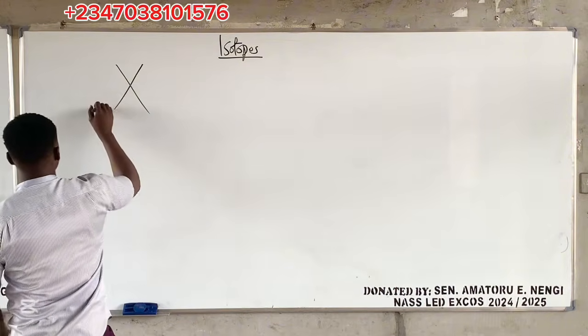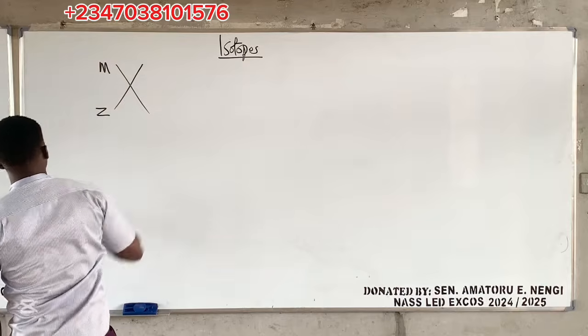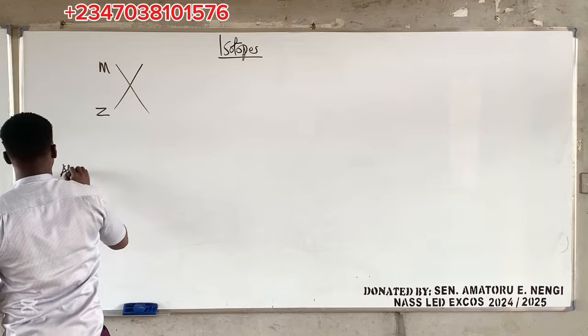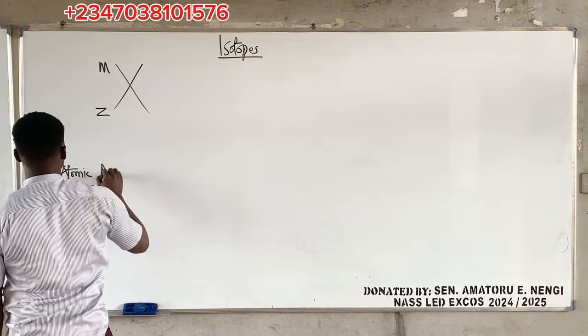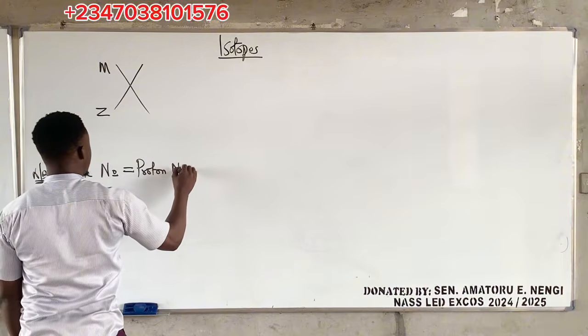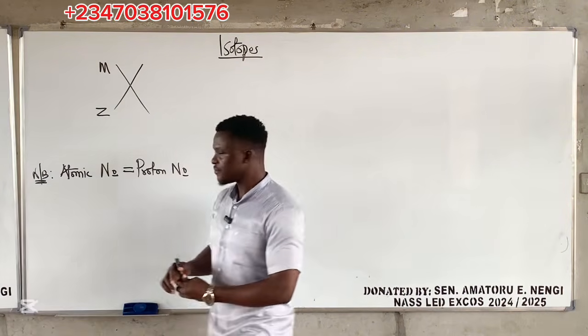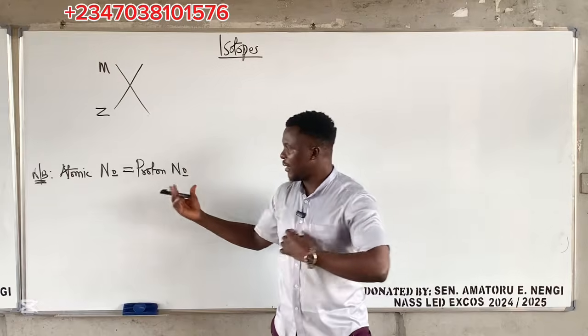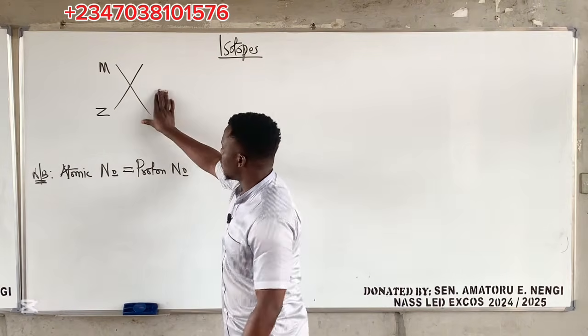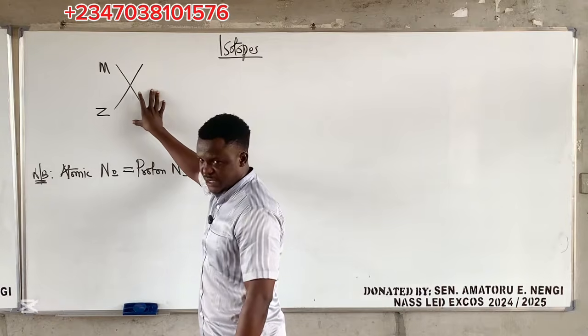Now let's assume this. Please note that atomic number is the same thing as proton number. So when we say proton number, I'm also referring to atomic number. So let's assume an atom has this symbolic representation.